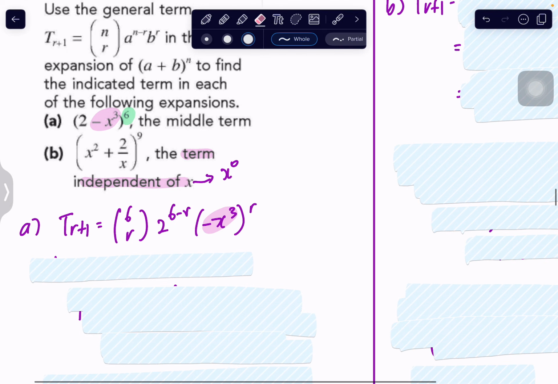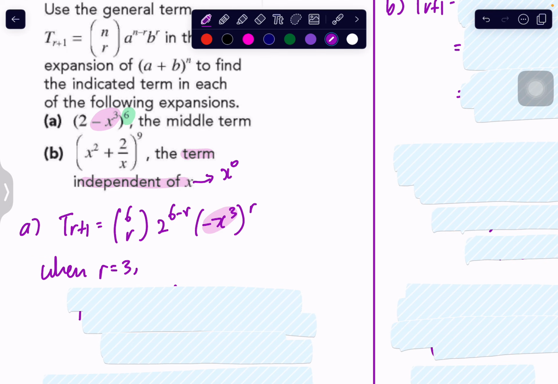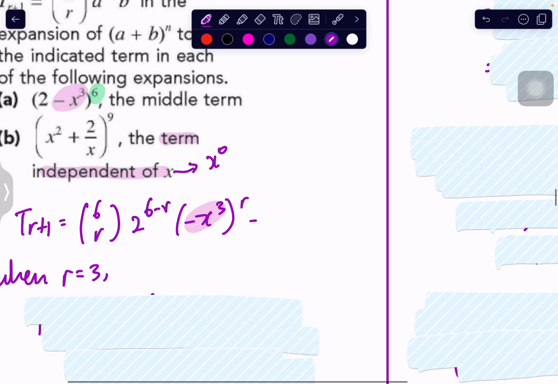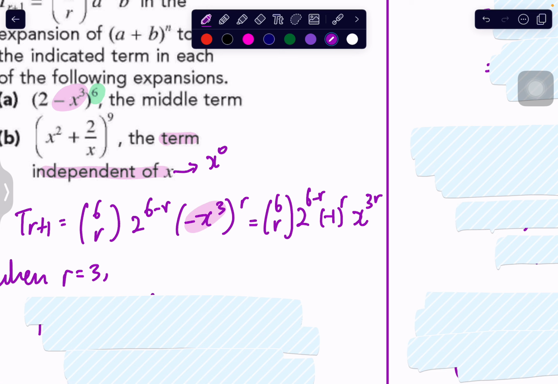Simplifying this, we would have something like 6 choose r, 2 to the power of 6 minus r, times negative 1 to the power of r, x to the power of 3r, because over here we have negative 1 times x cubed.